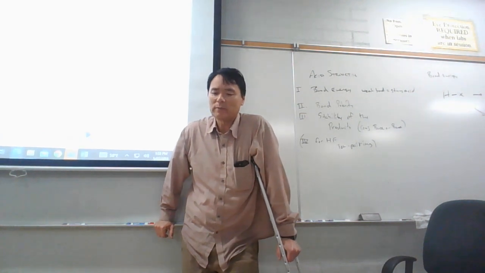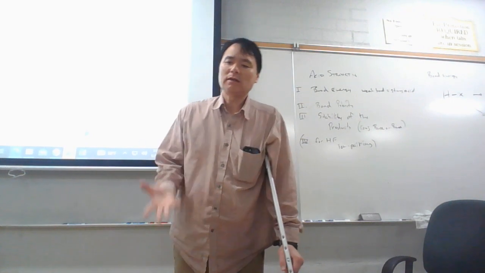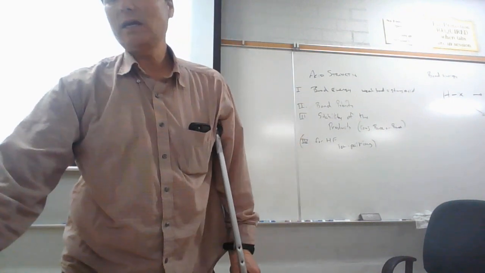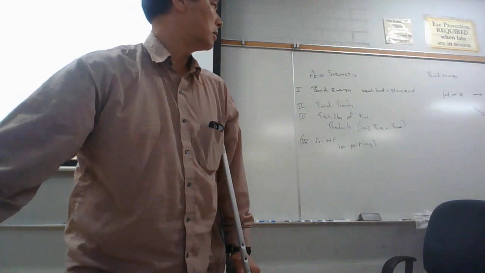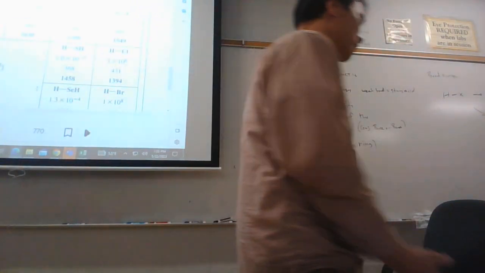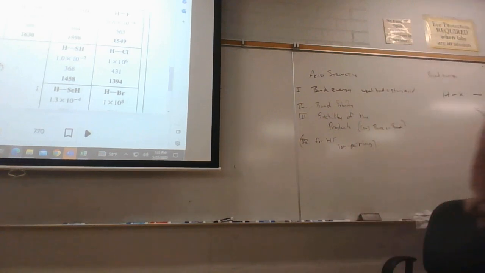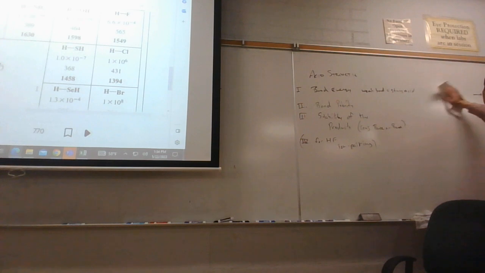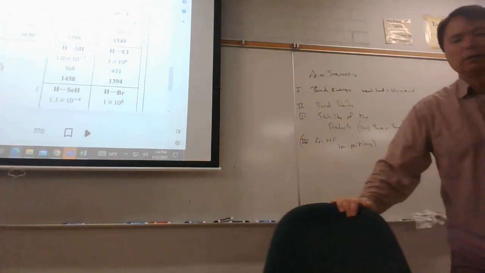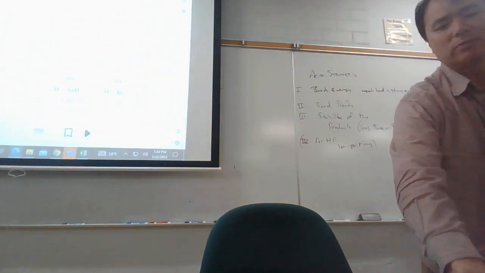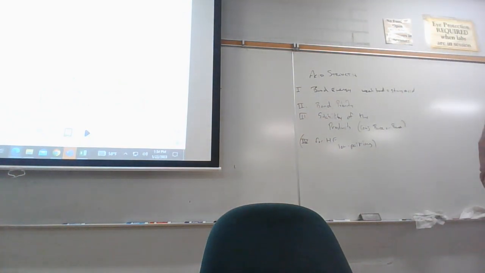The other factors would be stability of the product. And so let's take a look at the product here for HF versus HCl. These are going to be in water.